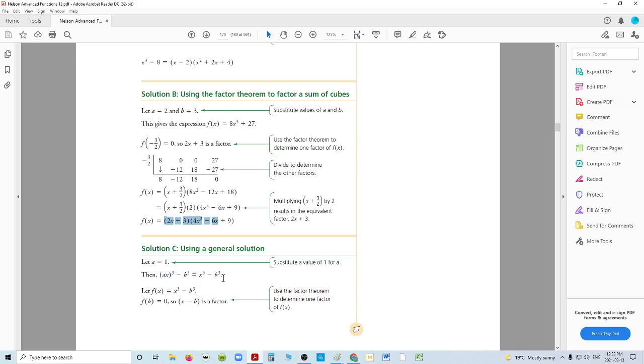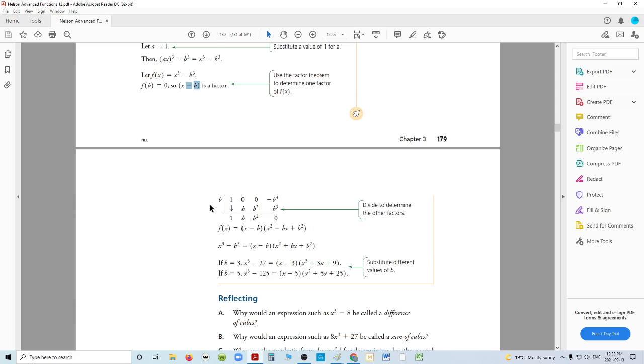Then finally they do it again, but for a, they're just sort of skipping a and saying we're going to make a 1, and then you can pick any value of b and show that x minus b must therefore be a factor, and then use that b to determine that what remains is indeed the general formula. And it, of course, assumes a is 1.